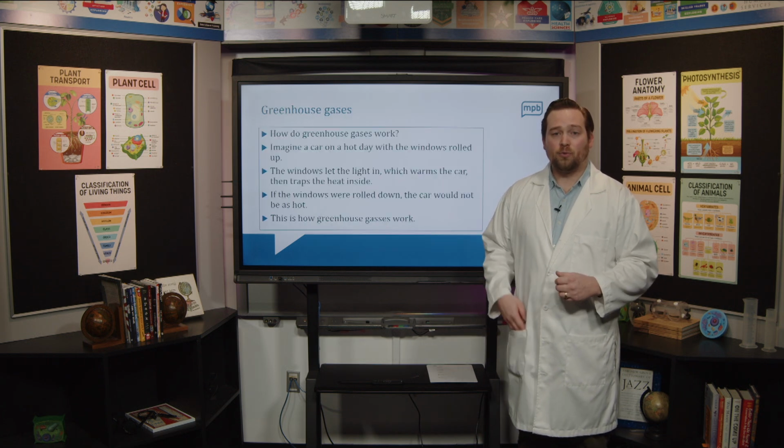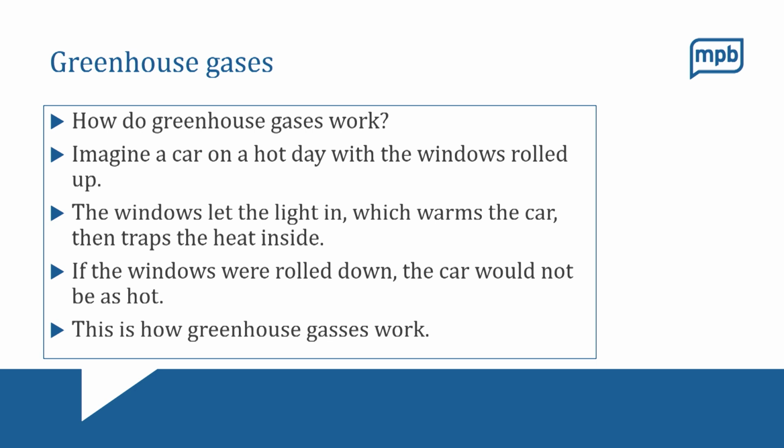Okay? So how do greenhouse gases work? This is the analogy I want you to imagine. Imagine a car on a hot day with the windows rolled up. The windows will let the light from the sun in, right? So the light is coming into the car. When the light comes into the car, it strikes all the surfaces on the car, which warms it up.